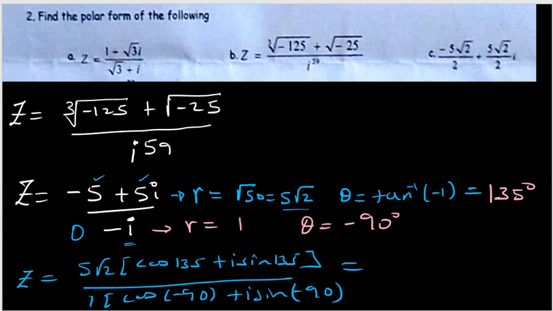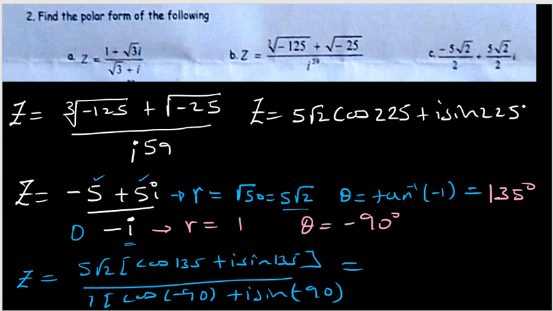So finally the complex number form of the z will be 5 radical 2 cosine of 225 plus i sine 225, because the negative of negative will be added. We must not forget the bracket here, and the r is outside. This is the polar form of the given complex number.